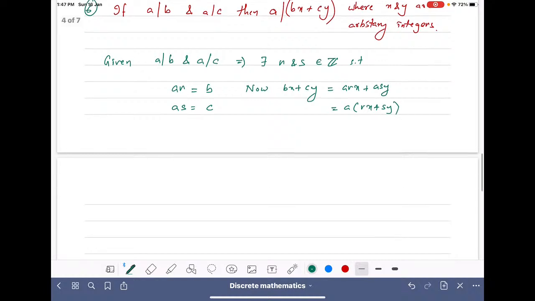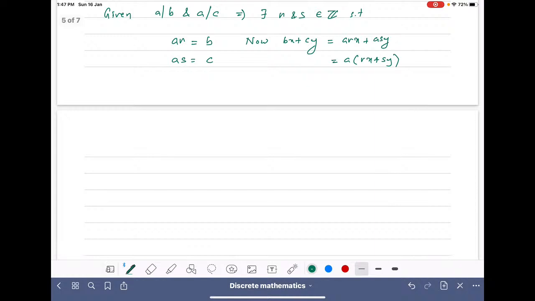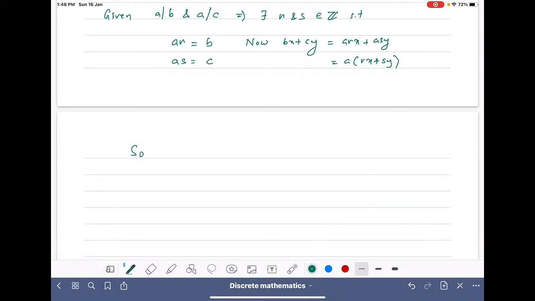So we have A multiplied by (Rx plus Sy) is equal to Bx plus Cy, which says A divides Bx plus Cy.